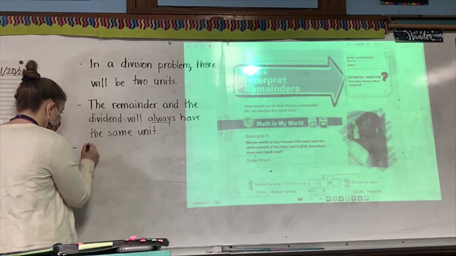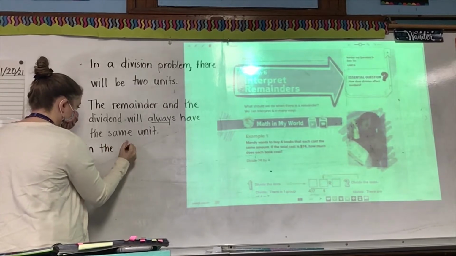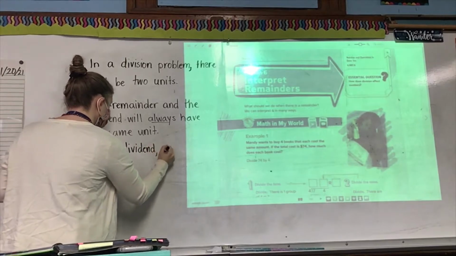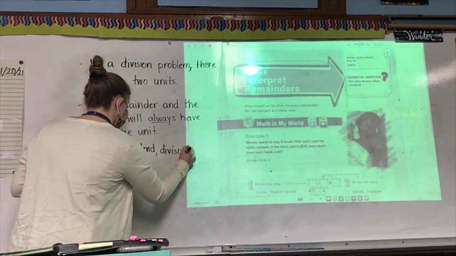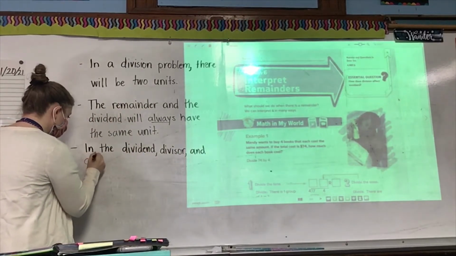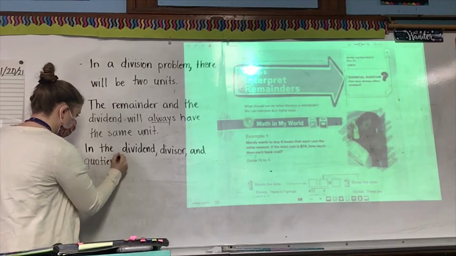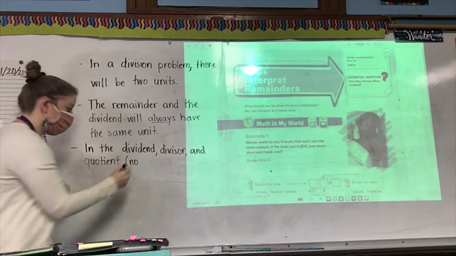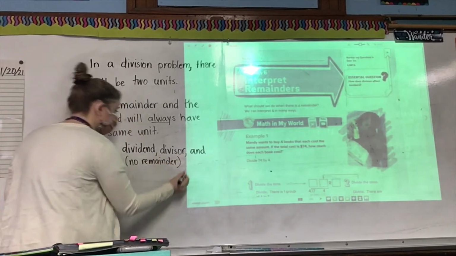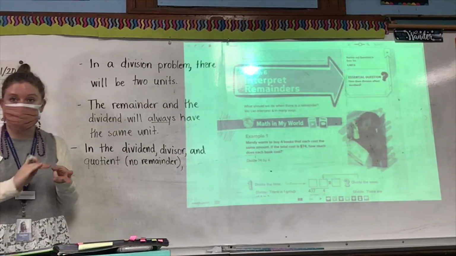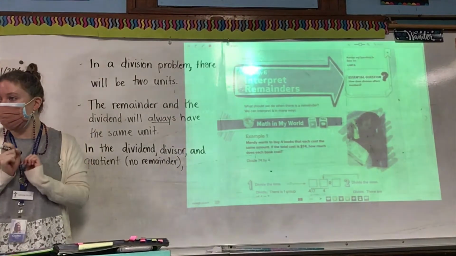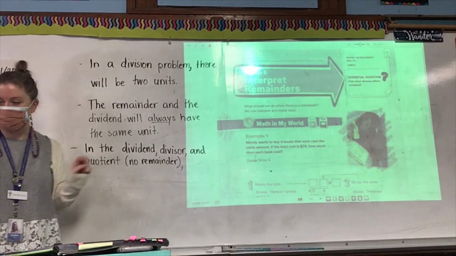But in the dividend, divisor, and quotient, this does not mean without the remainder. So in the dividend, divisor, and quotient, that means we're not talking about the remainder right now. So everybody, are we talking about the remainder right now? No. No, we are not.